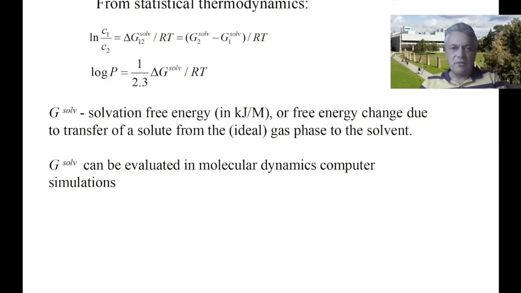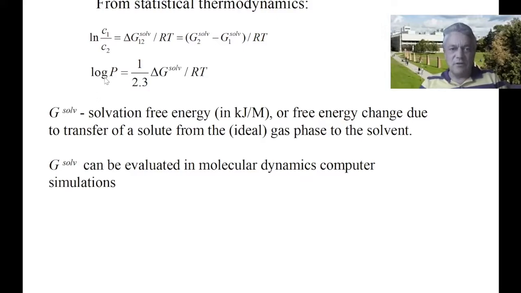So how do we compute log P from modeling? Well, it comes from statistical thermodynamics. We know that the logarithm of the ratio of concentrations in both phases is equal to the difference in solvation Gibbs energies in each of the phases divided by RT.